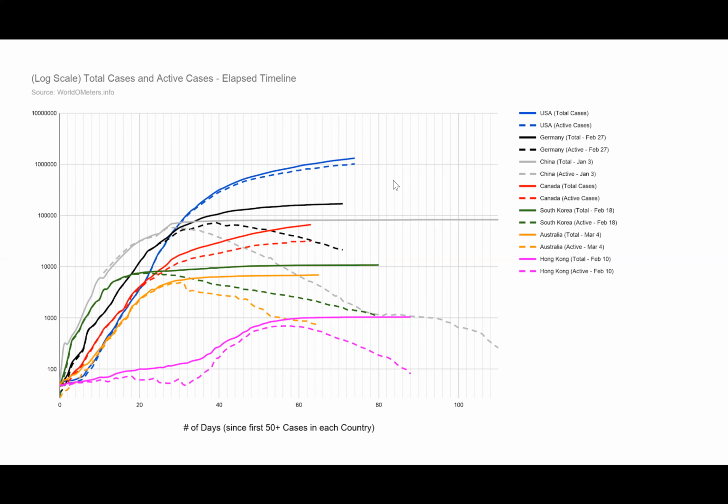It's interesting, Canada and the U.S. What's happening there is although we have been starting to flatten the curve, we're not flattening it as fast as Germany and Australia did. So that's why the active cases is not decreasing yet. I don't think we've peaked in the number of active cases.